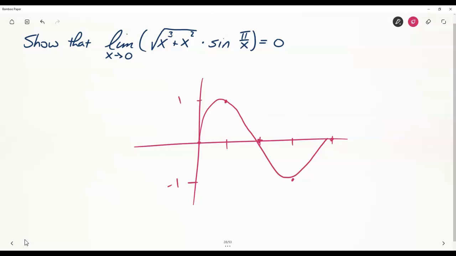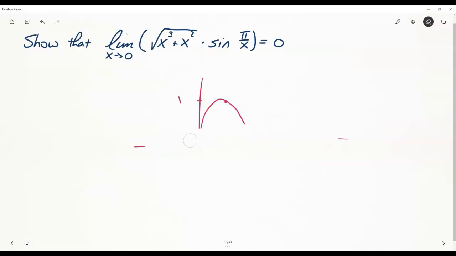So the sine function, regardless of what its angle is, in this case pi over x, but we don't care, it's sine of something, is therefore bounded between -1 and 1. So let's make that statement: -1 is less than sine of pi over x is less than 1.